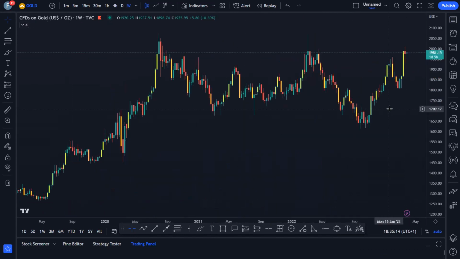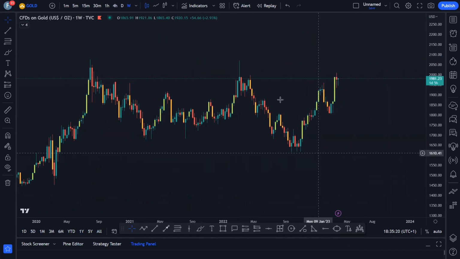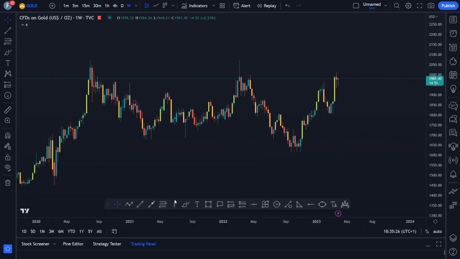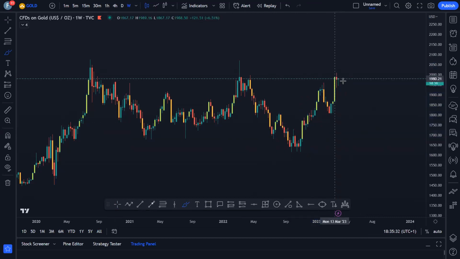Gold on weekly, right now, is giving us bullish momentum. All right, gold is bullish on weekly, as you can see over here. So we are seeing new highs on gold on weekly.